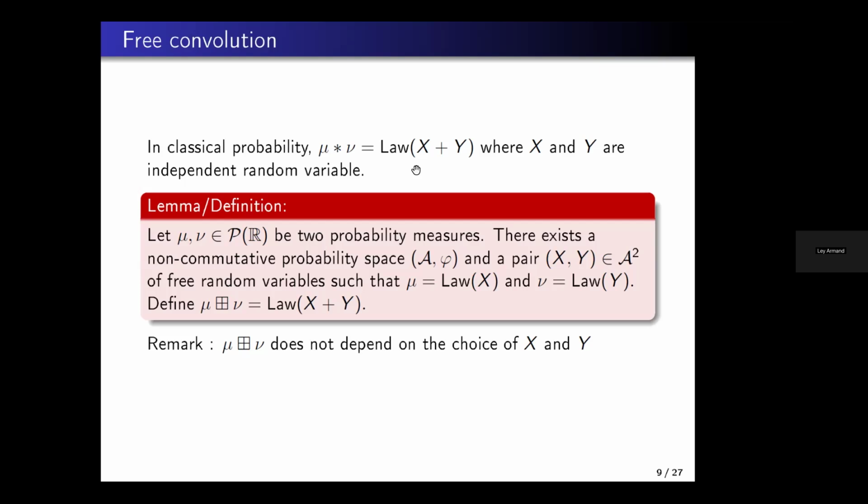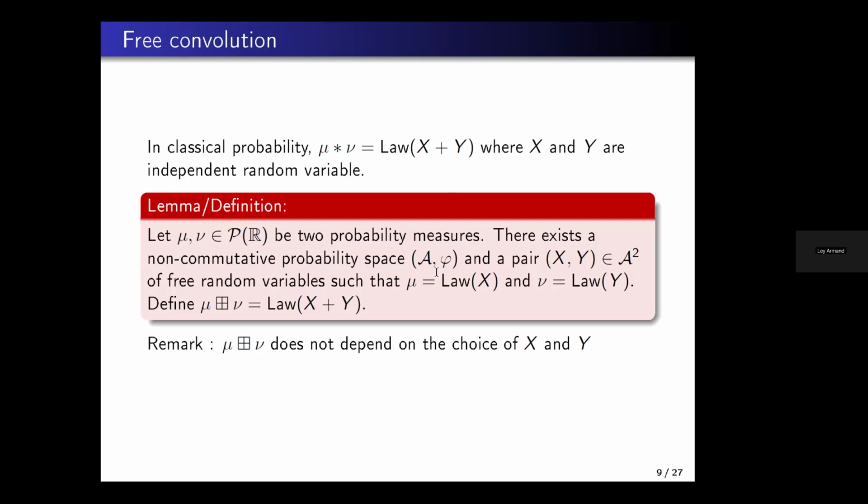In non-commutative probability theory, you do exactly the same. You consider two measures, mu and nu. There is a result saying that you can realize these measures as laws of random variables that are free, so independent in the sense of non-commutative probability, and defined on the same probability space.